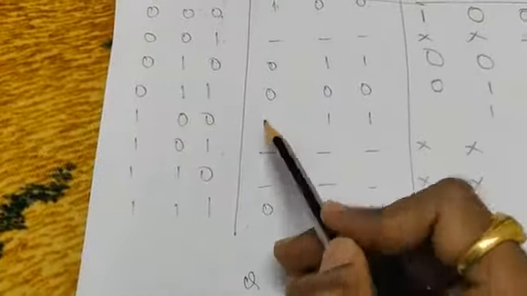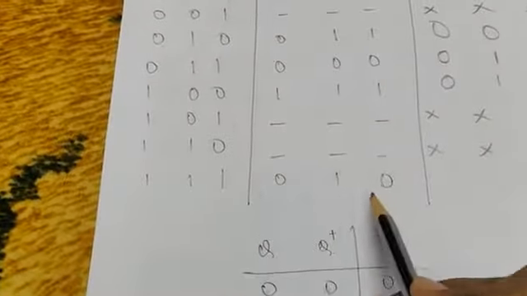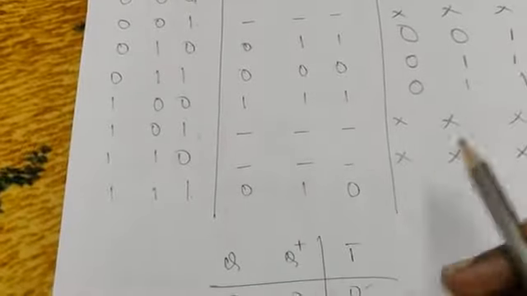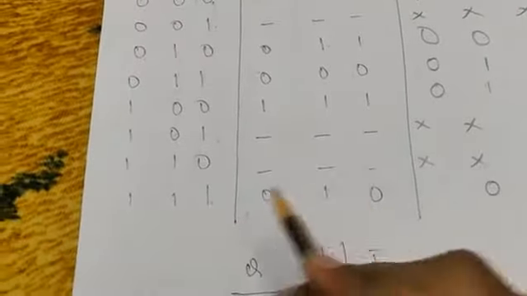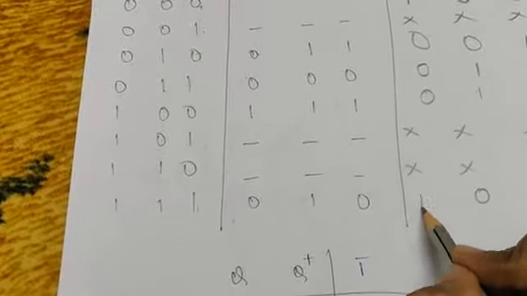And here 1 and 1 same, write it as 0. Okay, similarly 1 0 differs, write it as 1. 1 1 same, so write it as 0. 1 0 differs, write it as 1.